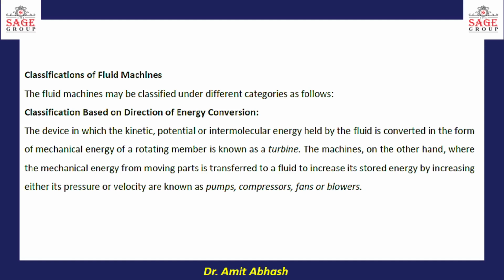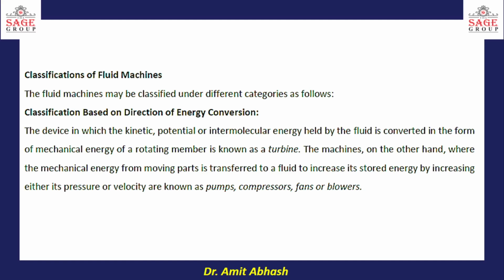In the first, the movement of the fluid is converted into shaft movement, and in the other, the shaft movement is used to generate the motion of the fluid. So two different types of things are there. Let's see how it will work.